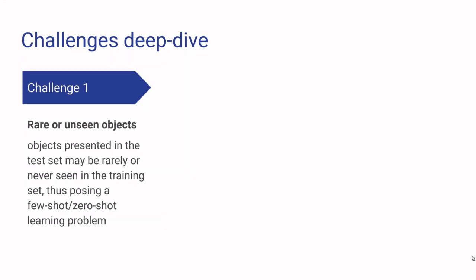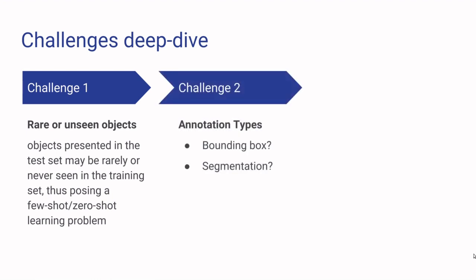As a result, this challenge presents some unique challenges compared to other object detection problems. First is rare or unseen objects. It is already stated on the challenge page that objects can be rarely seen or never seen in the training set, and our target is to detect any falling objects presented in the test set. The next challenge is annotation type.